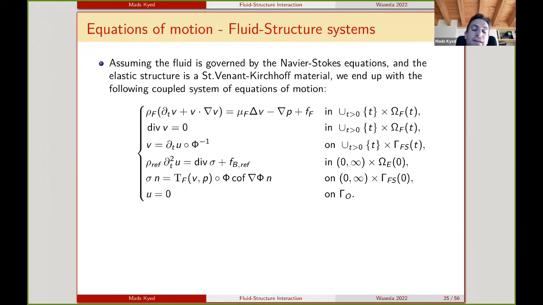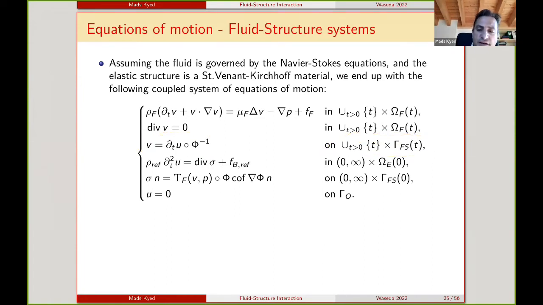So in this case, we end up in the case of the coupled system with this system that you see here. In the first equation, we have the Navier-Stokes equations, of course, formulated in the current configuration, which depends on time. We have two conservation laws, conservation of mass and conservation of linear momentum. Then we have the no-slip boundary condition on the fluid structure interface, which is also moving.